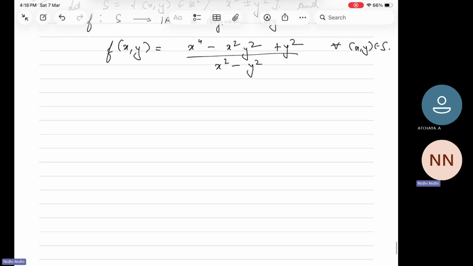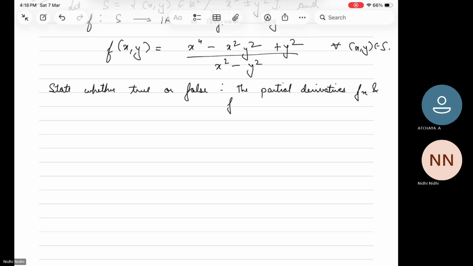So further, state whether true or false: the partial derivatives fx and fy both exist at every point in S.